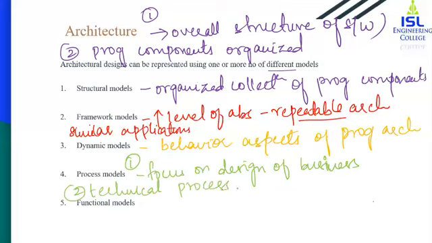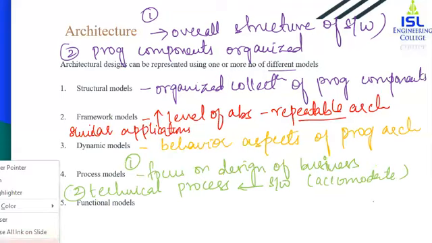This technical process needs to be accommodated within the software. So process models have two tasks: focusing upon the design of the business, or any technical process that needs to be accommodated within the software.